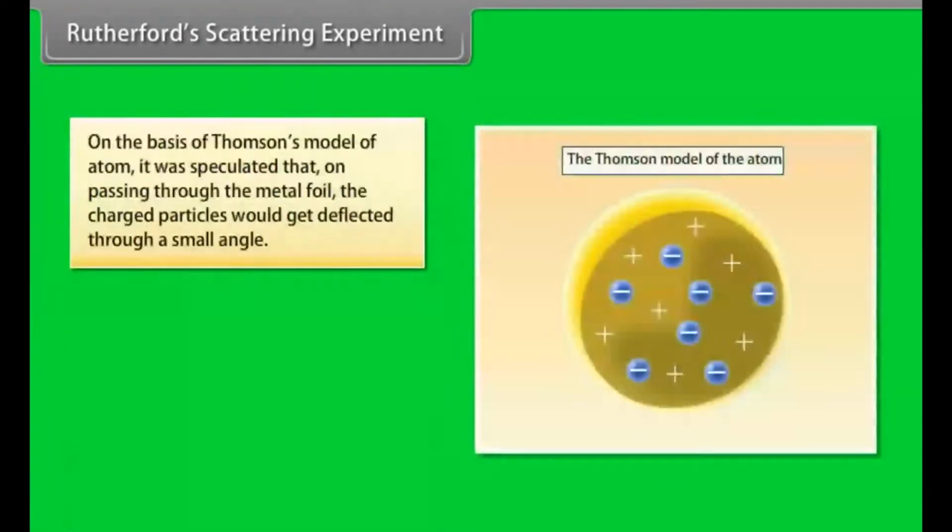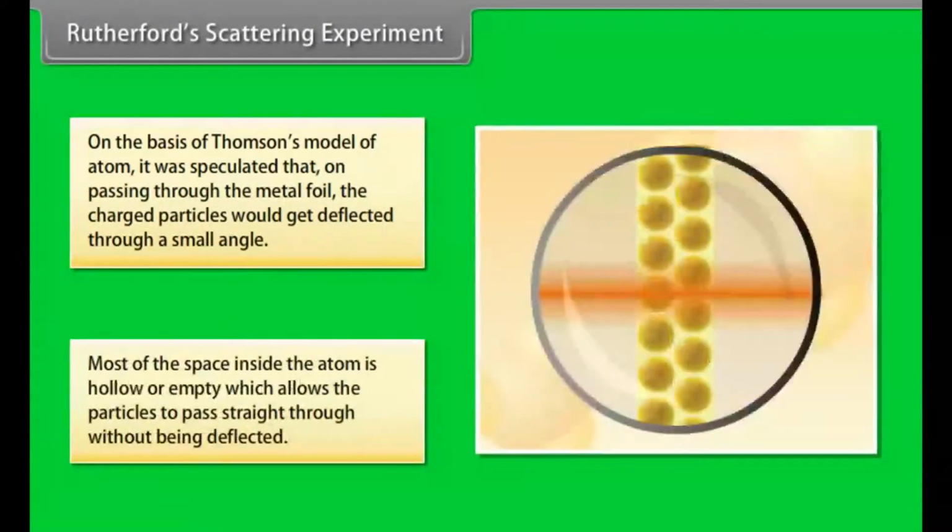On the basis of Thomson's model of atom, it was speculated that on passing through the metal foil, the charged particles would get deflected through a small angle. The observations led to these conclusions. 1. Most of the space inside the atom is hollow or empty, which allows the particles to pass straight through without being deflected. 2.